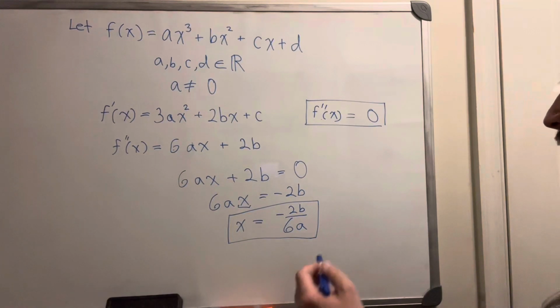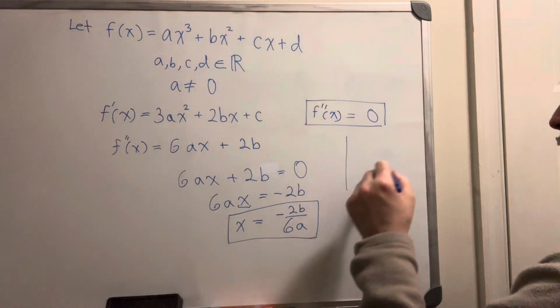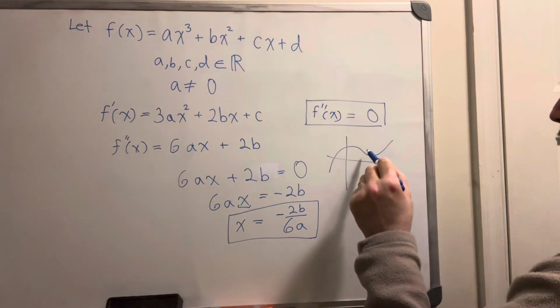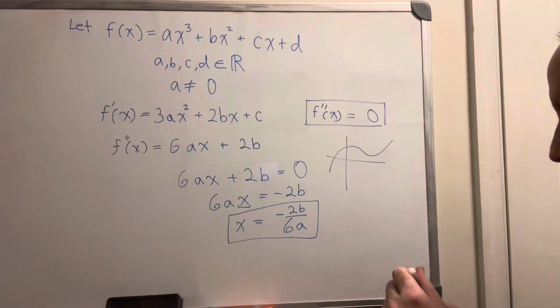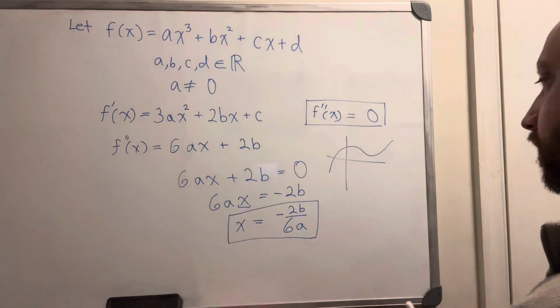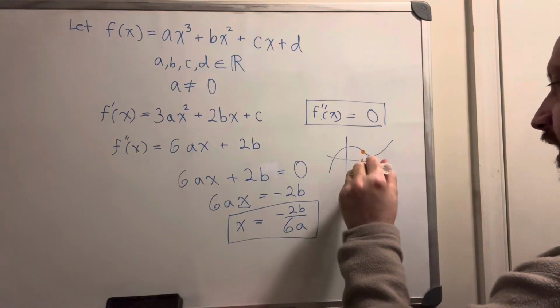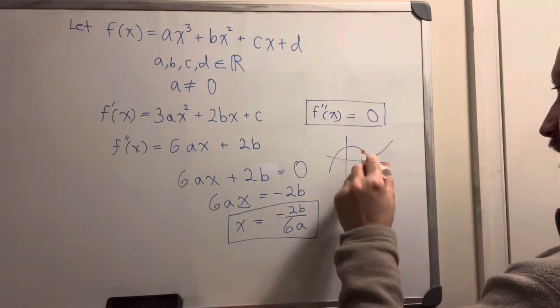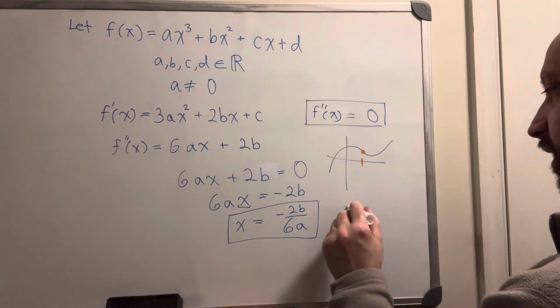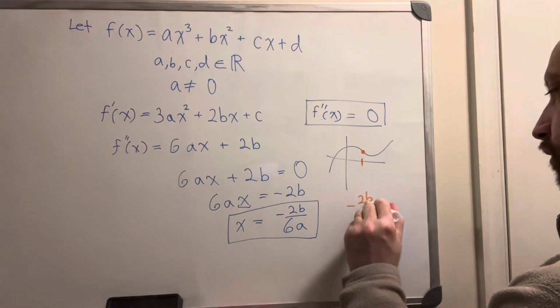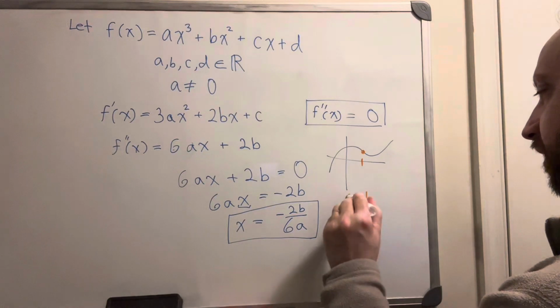So the one point of the polynomial where there will be an inflection point, the x coordinate will be at negative 2b over 6a.